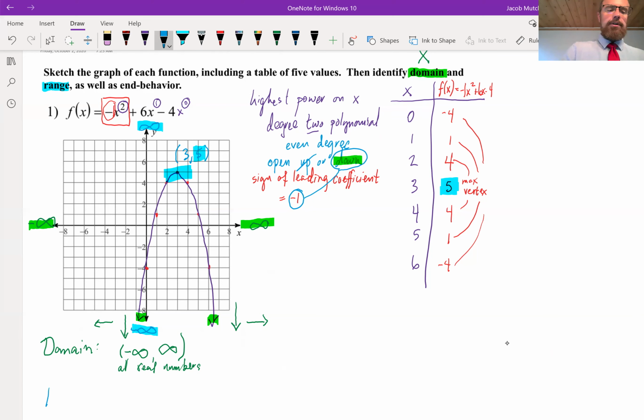So the range, if I read from the lower part of the graph to the upper part of the graph, the range would begin with arrows that are pointing downward. That to me again says that this function has its roots in negative infinity. As I read up the graph, I see that the function has uninterrupted y values all the way up to +5, which is the y value of the vertex.